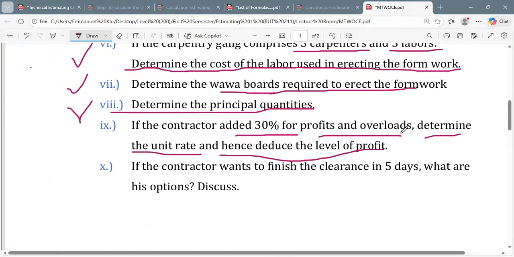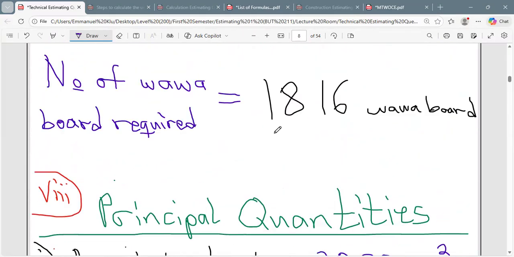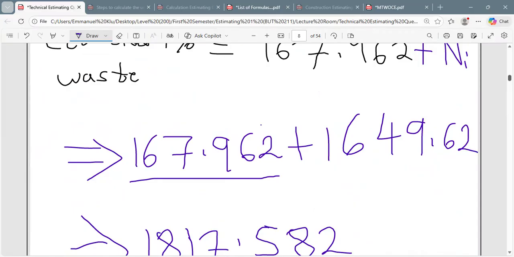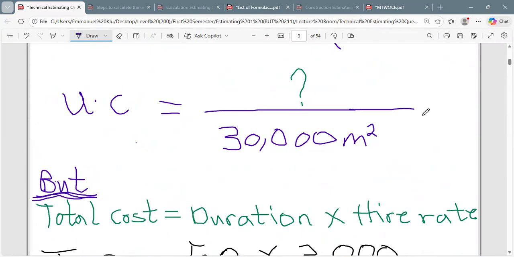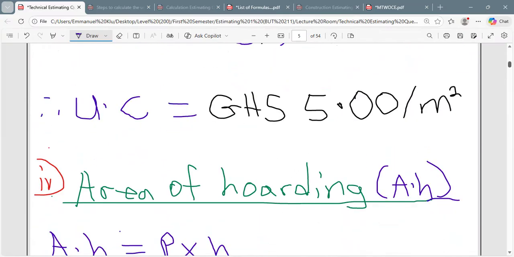So the unit cost we are supposed to use is the one we calculated initially. Let's go and take our unit cost. We had 5.00. That is what we use to solve our work.